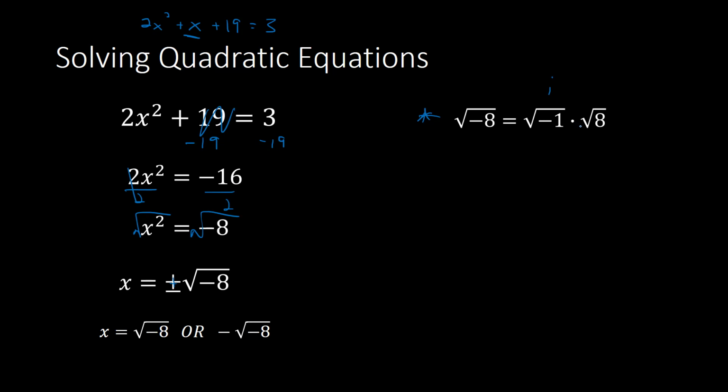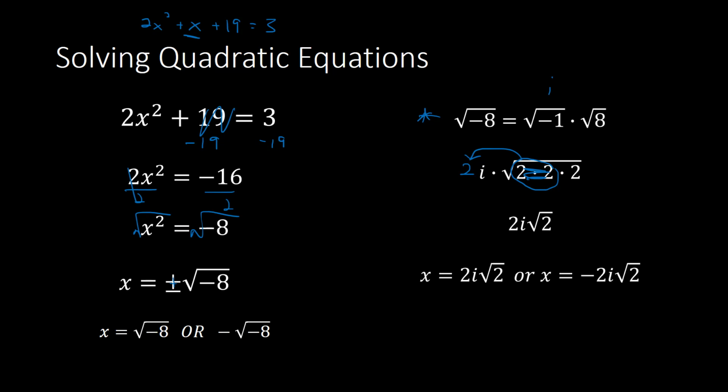So I times the square root of 8, and the square root of 8 you can break apart as a product of 2 times 2 times 2, which you can then pull out a group of 2's, and I'm left with a 2 on the inside. So my solution would be 2i times the square root of 2, which would leave me with a positive 2i square root of 2 or a negative 2i square root of 2, because our solution was a positive or negative square root. So we'd have two solutions for this problem.